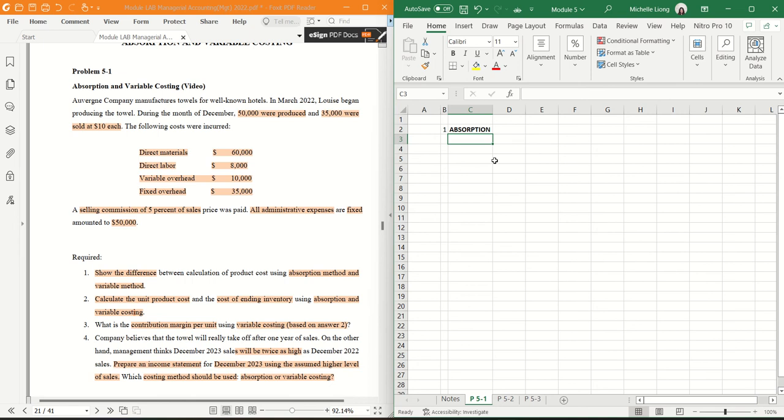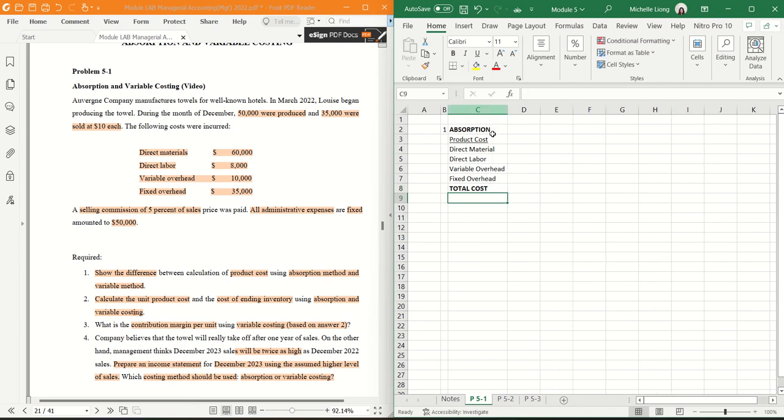So the first one is we need to find the product cost. That cost has direct material, direct labor, variable overhead, and then fixed overhead. And then we will have the total.